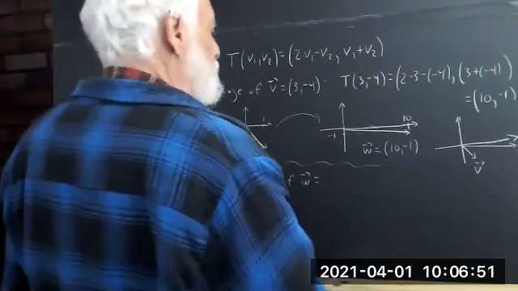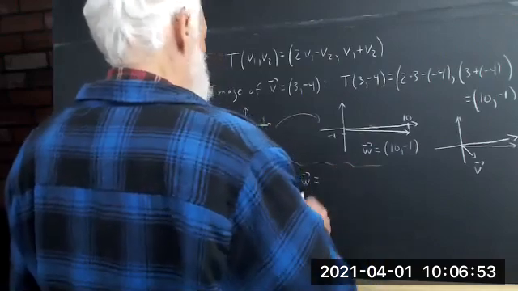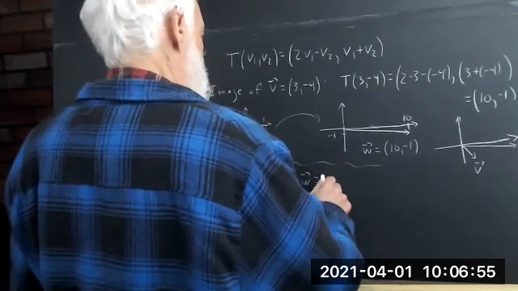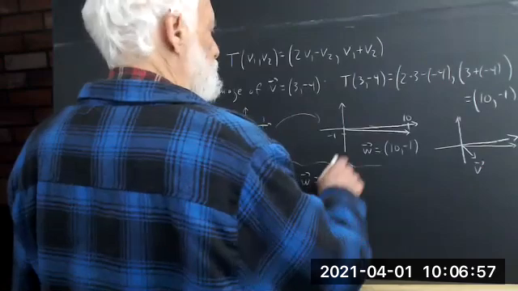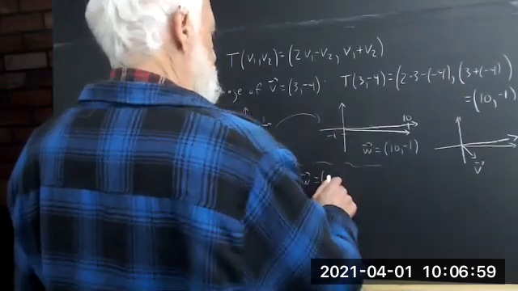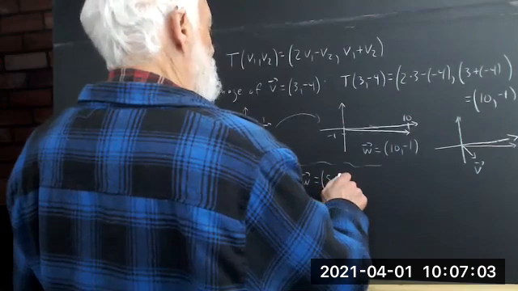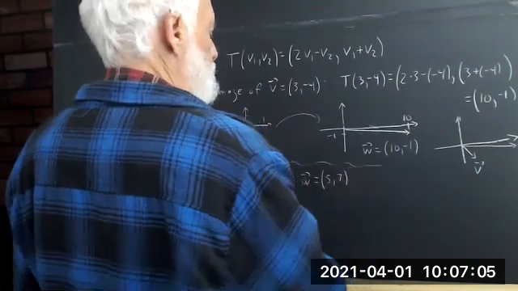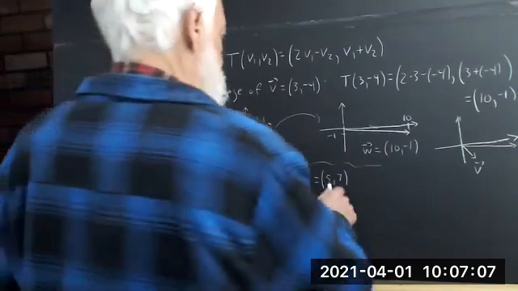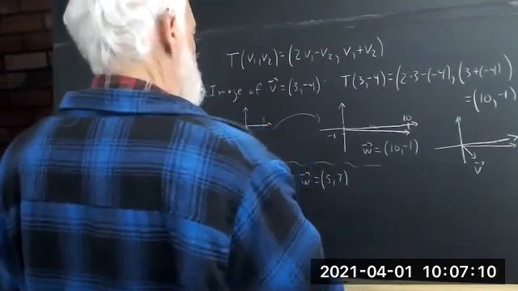In any case, the pre-image of this vector W, and let's say W equals a vector up in this direction, let's say it's 5, 7. Okay, pre-image of the vector W equals 5, 7.